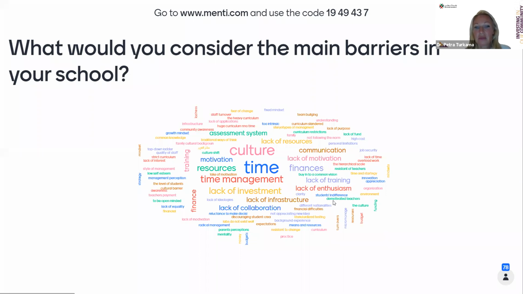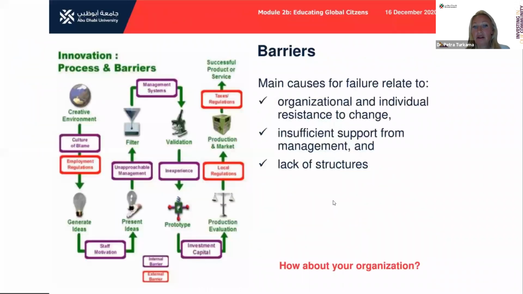Very good list and very common. So these are some of the barriers that have been recognized in the research as well. So very similar to what you've been experiencing. So organizational and individual resistance to change, one big thing. It is more convenient to do the same thing again as you used to do.